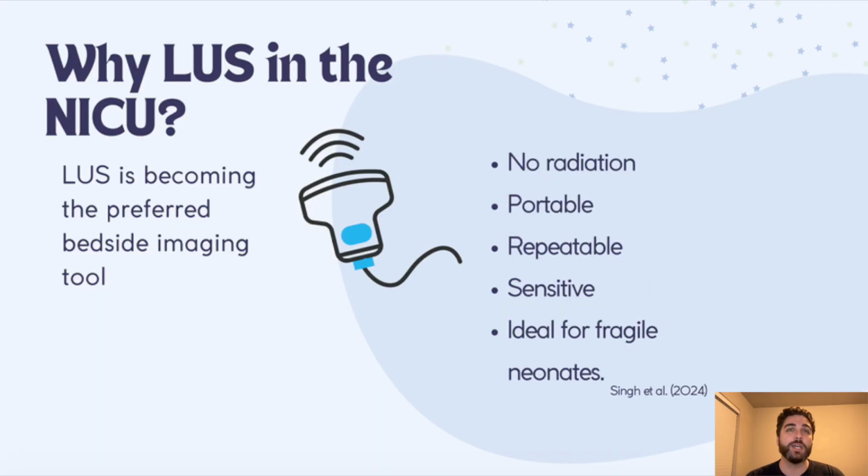In recent years, lung ultrasound has rapidly grown within the NICU setting, really all around the world. Unlike chest x-rays, lung ultrasounds are radiation free, they are portable, they can be placed right at the bedside, and they can be repeated as often as needed without any additional risk of exposure or radiation.